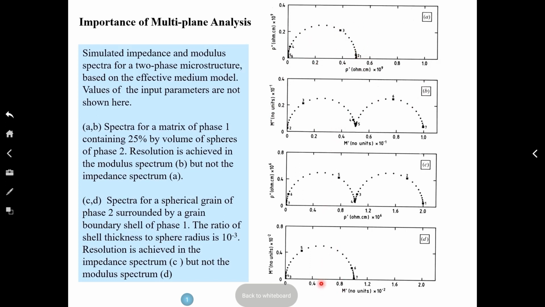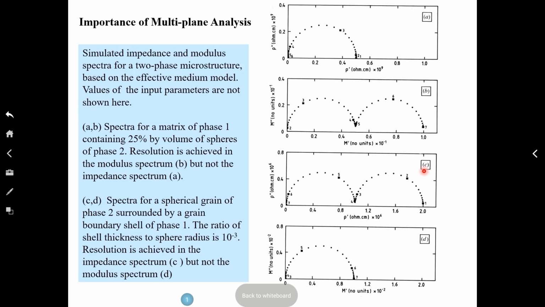Well, you can get the opposite. This is simulated data. You can see that in the modulus plane there is a single semicircle, but in the impedance plane there are two. So depending on R1C1 and R2C2, the extra physics may be revealed in one, but not in the other. That's why a careful experimentalist would at least check an additional representation.